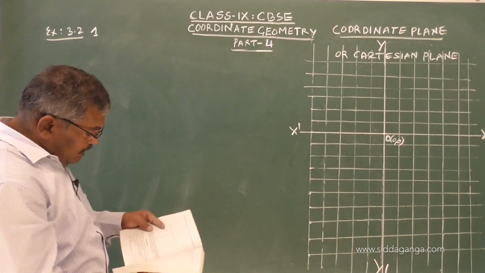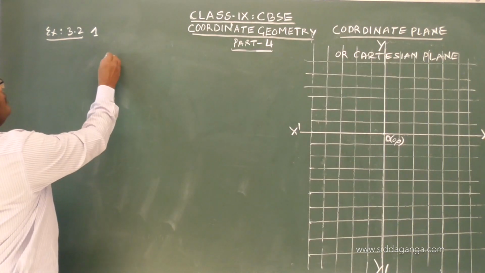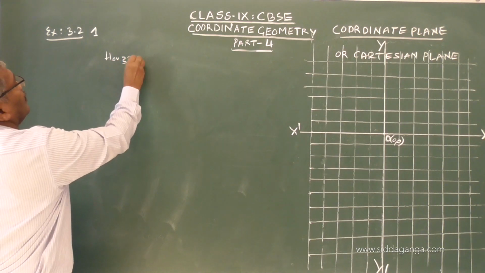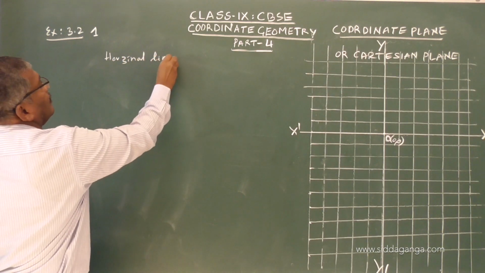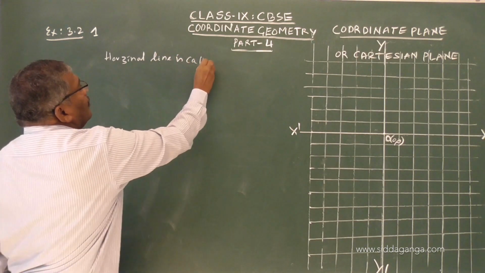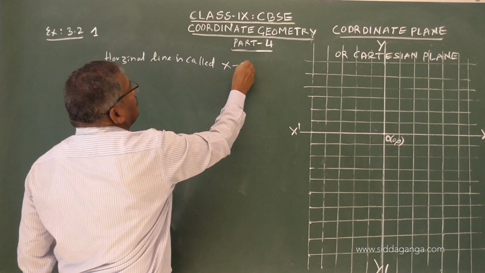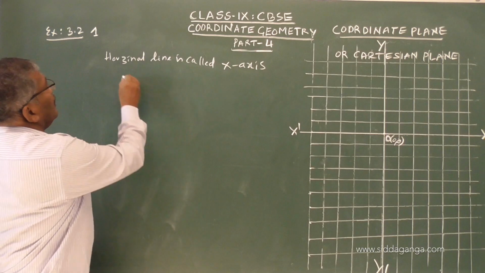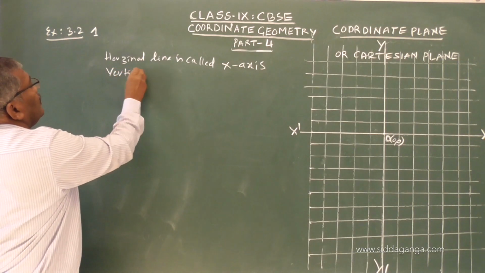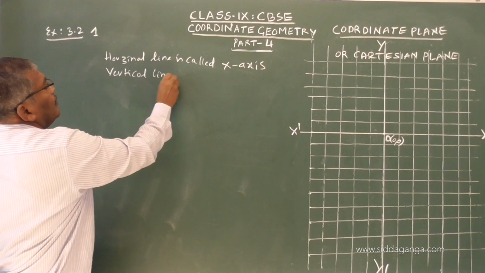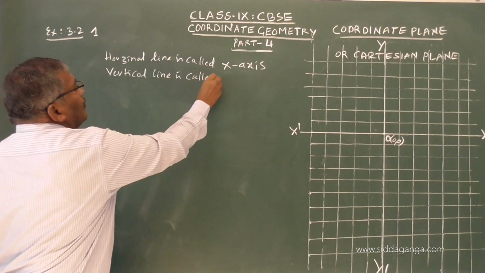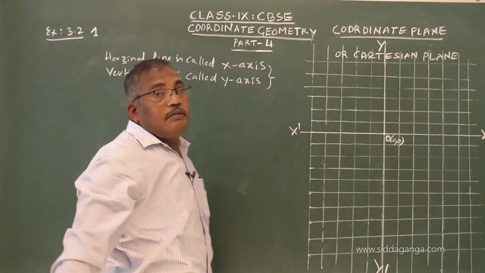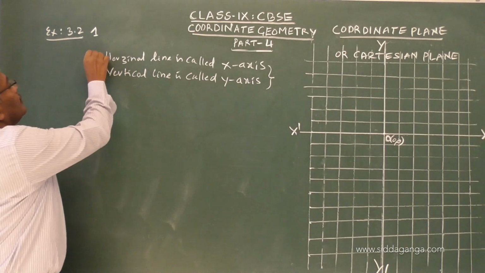Horizontal line is called x-axis, remember it is singular, and vertical line is called y-axis. So this is the answer for sub question 1.